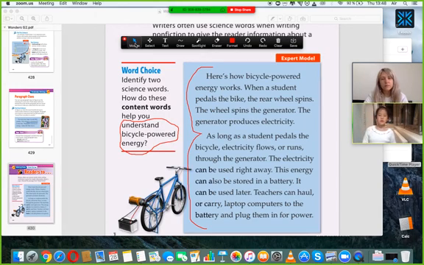It can be used later. Teachers can hold or carry laptops to the battery and plug them in for power, that's right. So, what content words do we have here? So, which words help us understand the bicycle powered energy? How can we use it and so on?